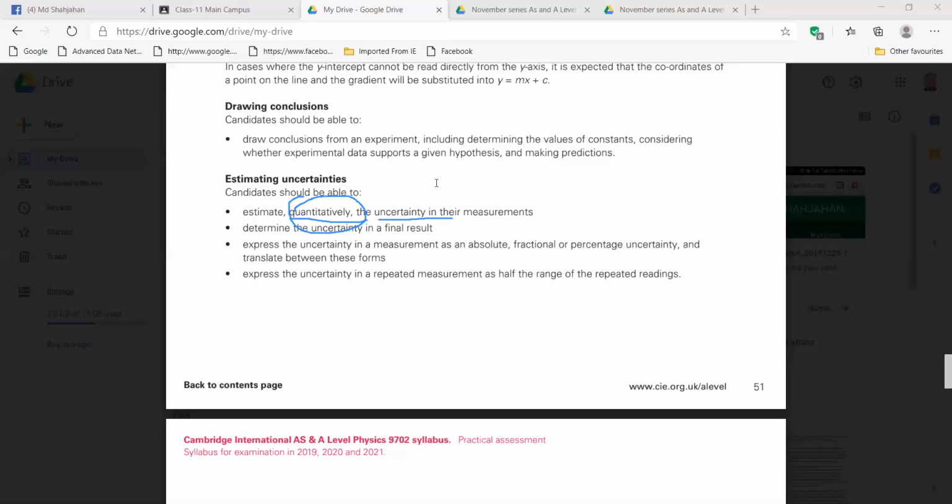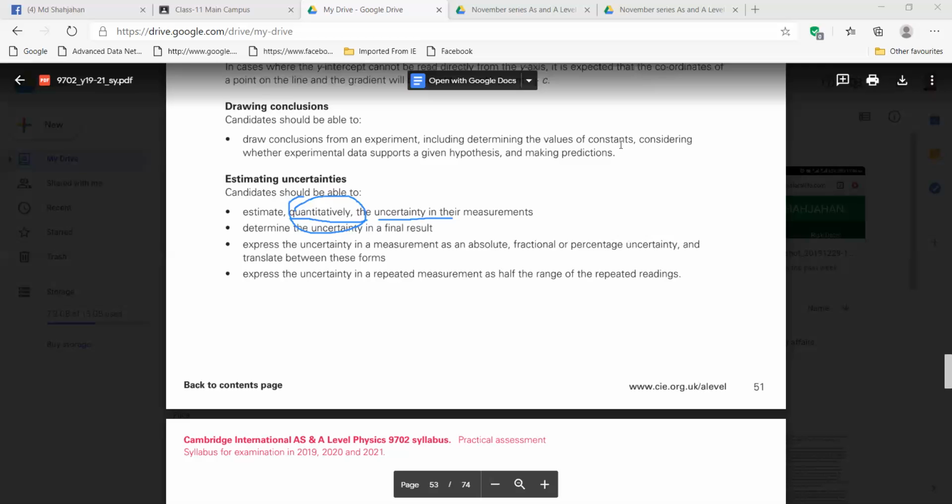You are measuring 2.5, that means you are measuring to 0.1 second. And whenever you are measuring length with a ruler, you are measuring to 0.1 centimeter accuracy, right?